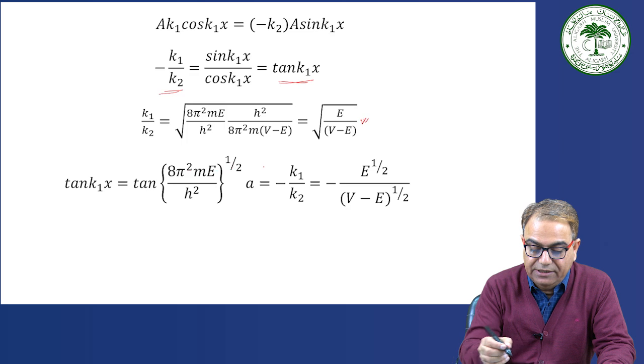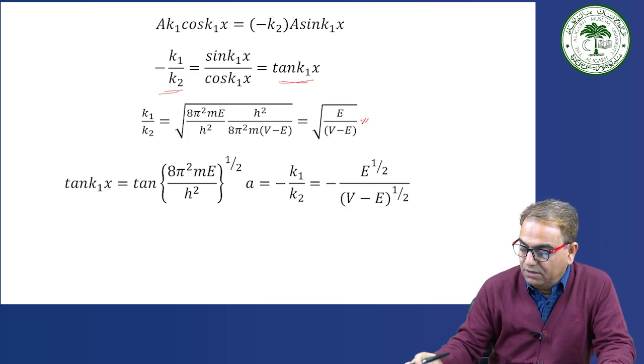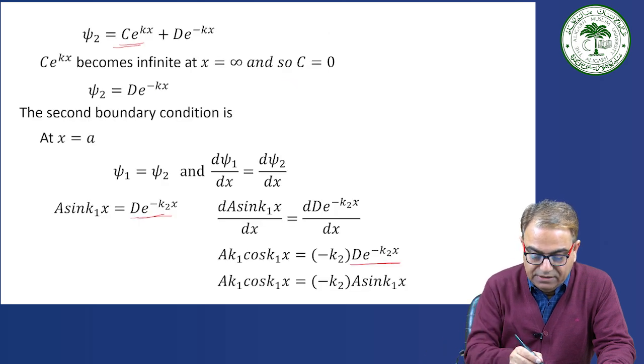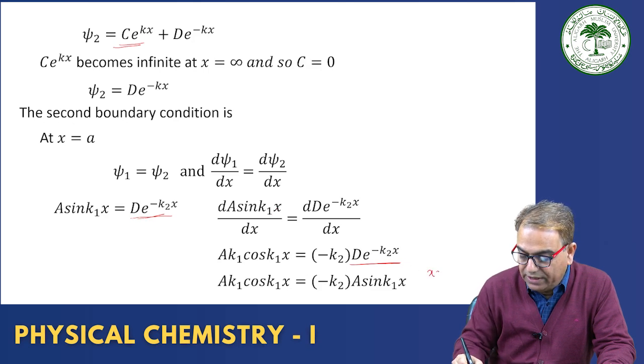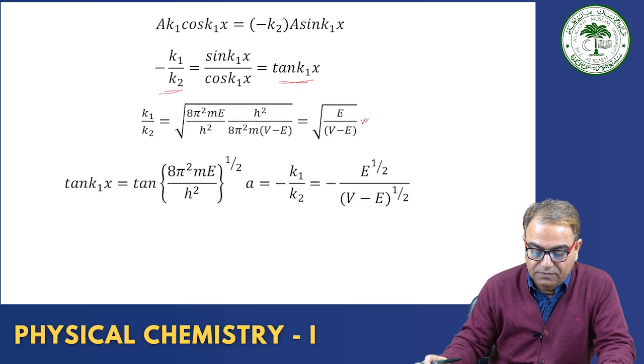Okay, because at a we are talking about, so what you can do is at x is equal to a, you can put x equal to a, and then you get this equation.